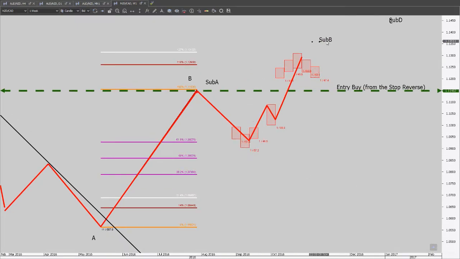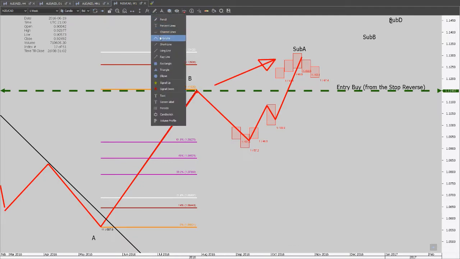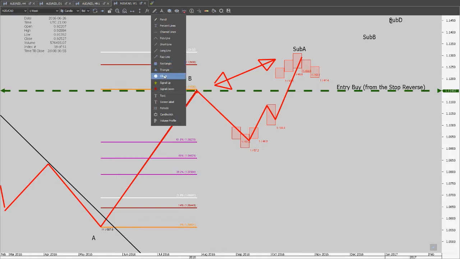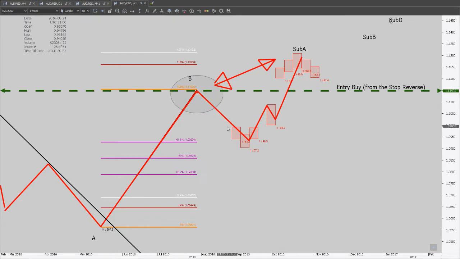So we don't have the crystal ball, but this is the sub A, because we moved our sub A from the B high. In the beginning, the sub A was our B, because the B was the starting point of the retracement of the short-term downtrend, right?